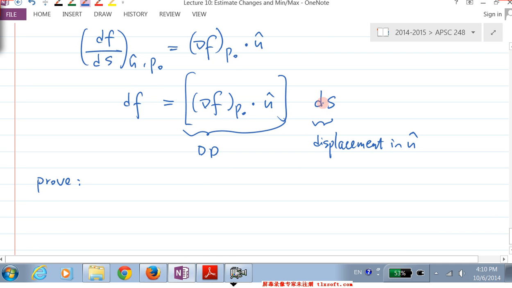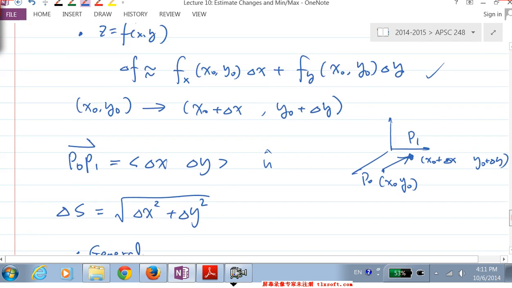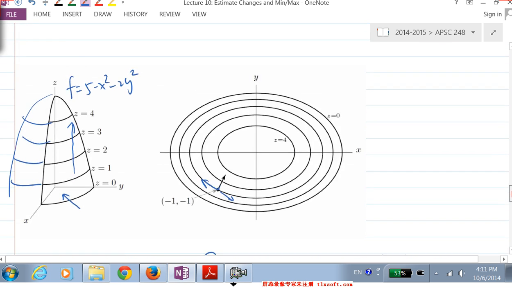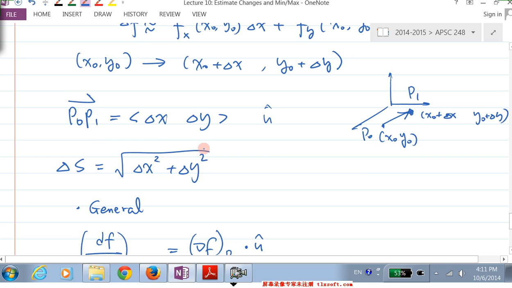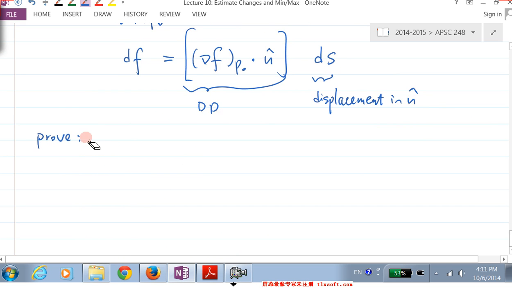What we need is the ds, which we found earlier. So maybe I'll just rewrite this: x naught, y naught to x naught plus delta x, and y naught plus delta y. So you're walking from the x naught, y naught location to a new location.